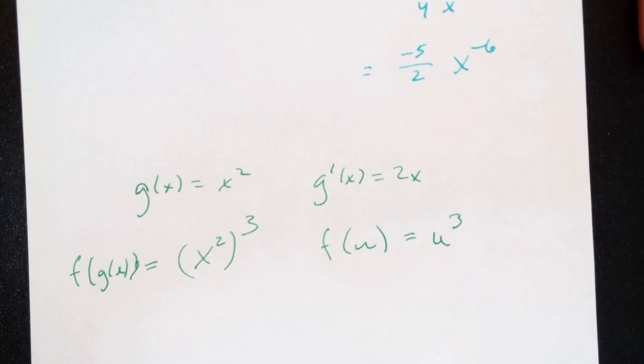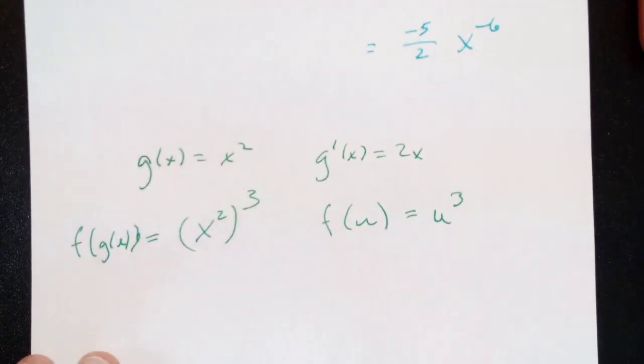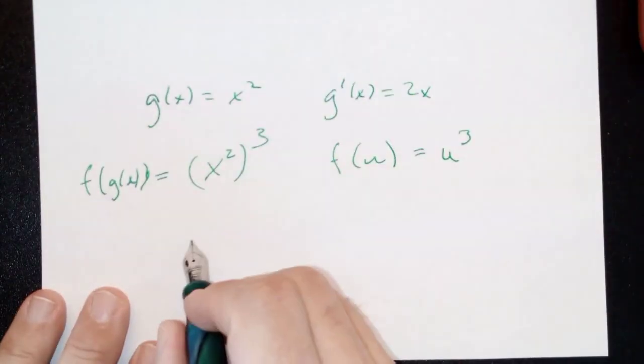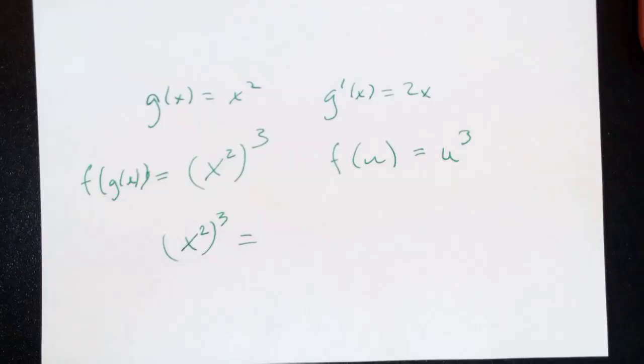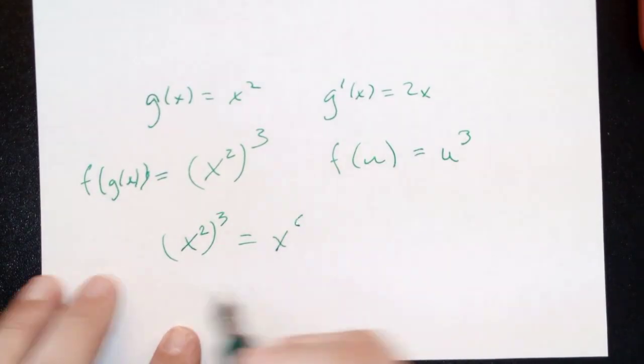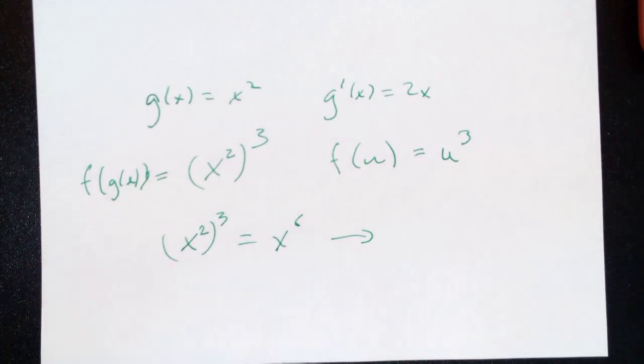Now here's the fun part. I have a power of a power. x squared cubed is the same as what power of x? Multiply the powers together, right? So what's the derivative of that?